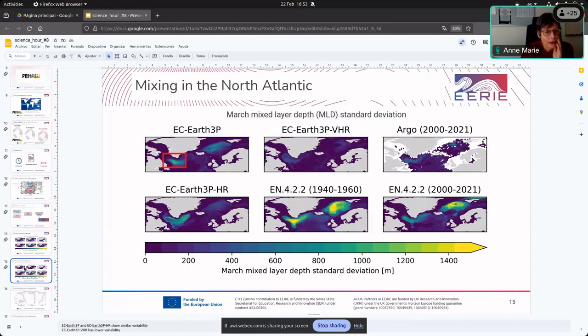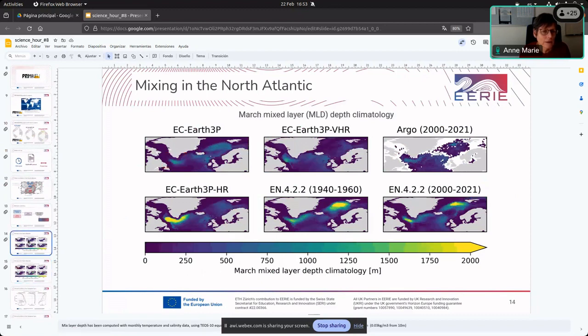I mean, could you show the previous slide again, the one with the mixed layer itself? It looks like it's even a little bit stronger, deeper in the very high resolution model. So if it's deeper, and it's such a high resolution model, the standard deviation should be bigger. That looks strange.